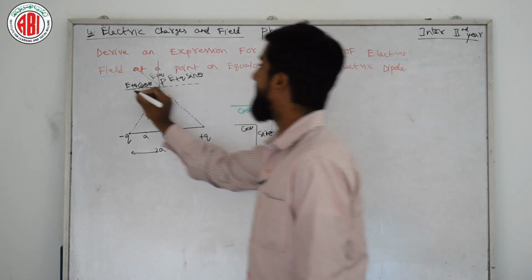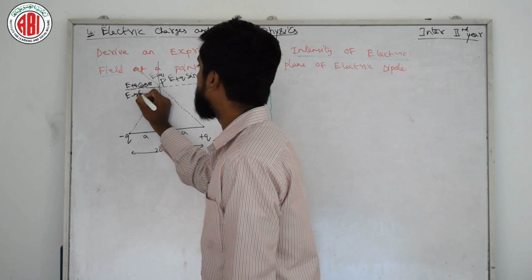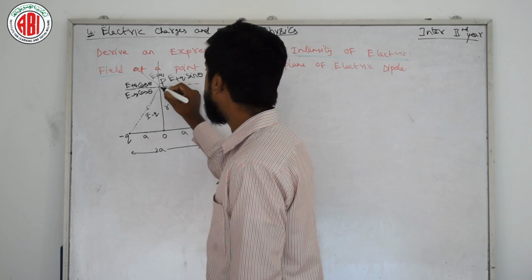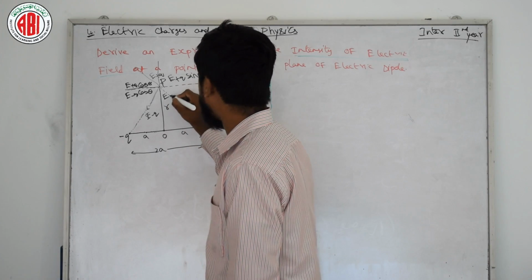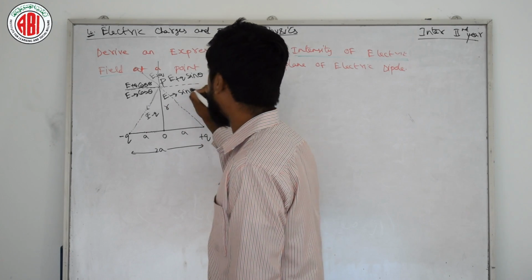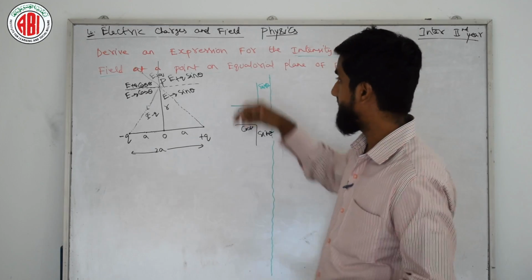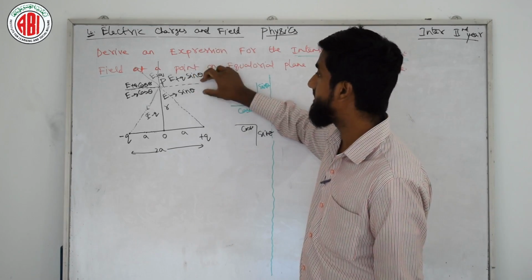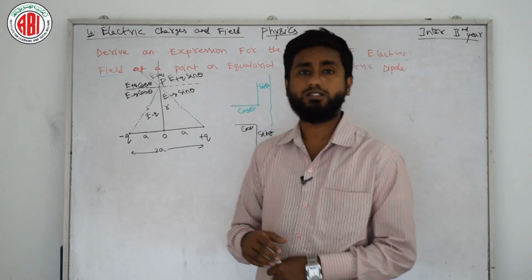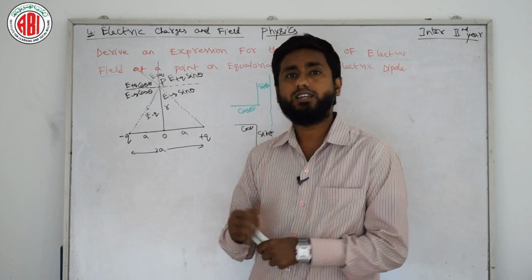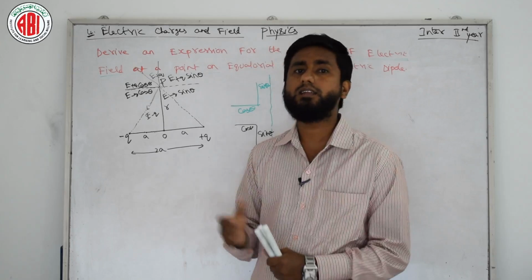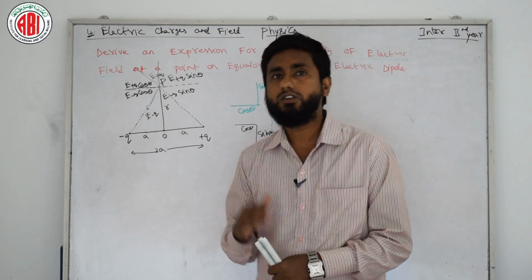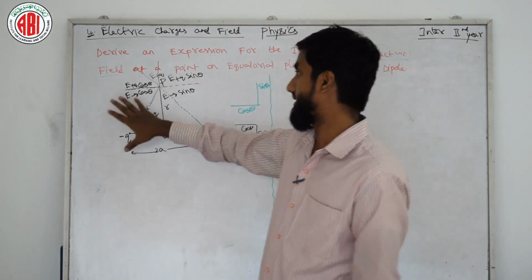So it becomes E minus cos theta and E minus sine theta. But make sure, students and viewers, that the components E plus sine theta and E minus sine theta are equal and opposite, so they cancel each other. So we just find the resultant.